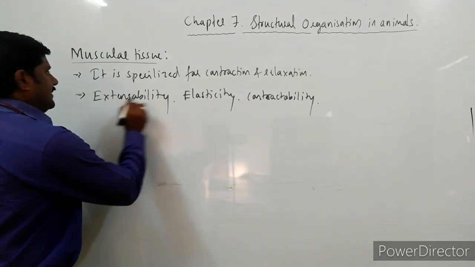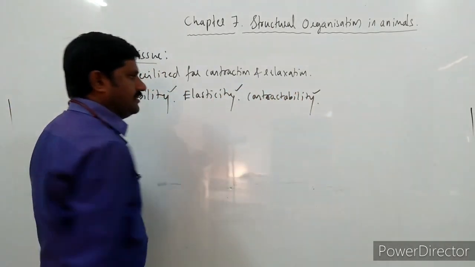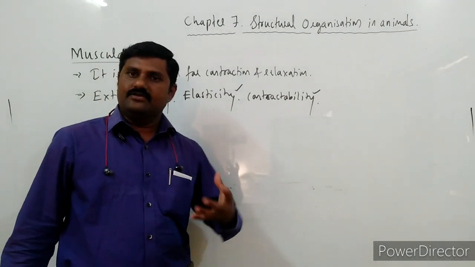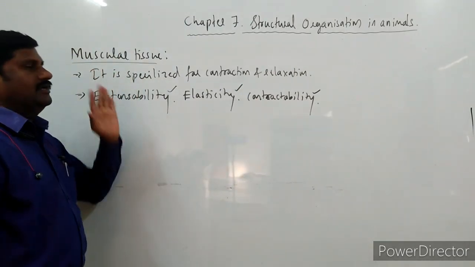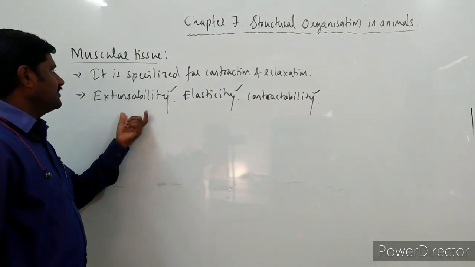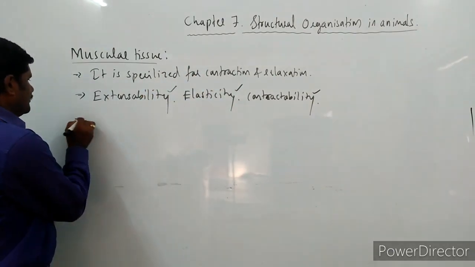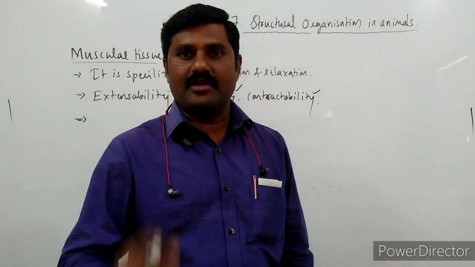See here, so extensibility is there, elasticity is there, as well as contractability is there. They can contract as well as relax themselves. That kind of ability this muscular tissue has. So it is specialized for what? Contraction and relaxation. It is a special characteristic feature of this muscular tissue.